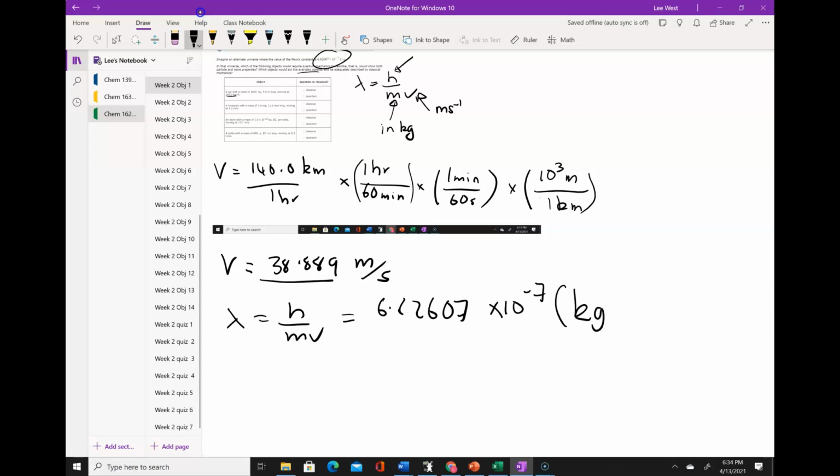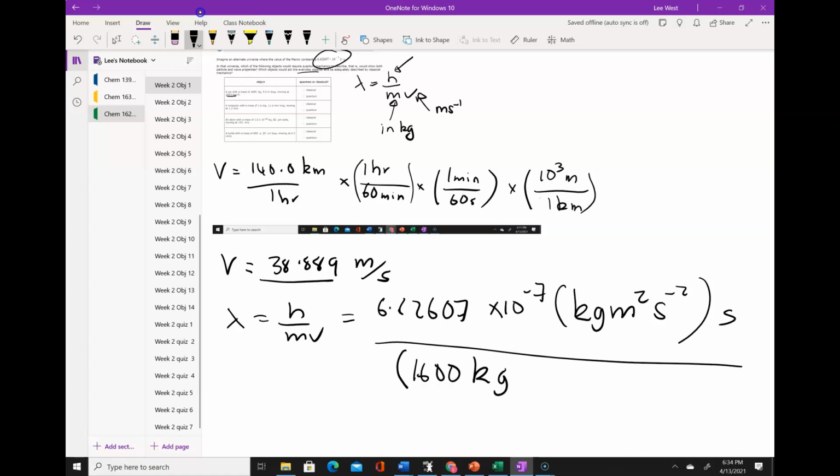Joules is kilograms meters squared seconds to the minus 2, that's my joule seconds, there we go, divided by the product of, now the mass was 1600 kilograms, and the velocity, we just calculated it, 38.89 meters seconds to the minus 1.